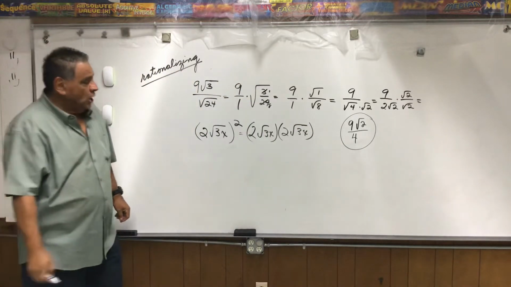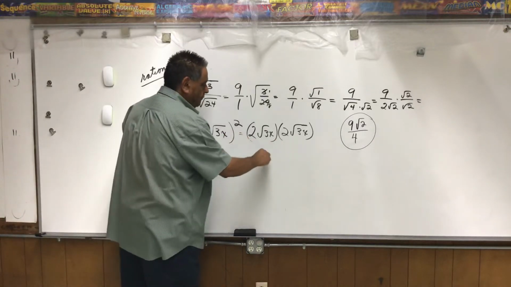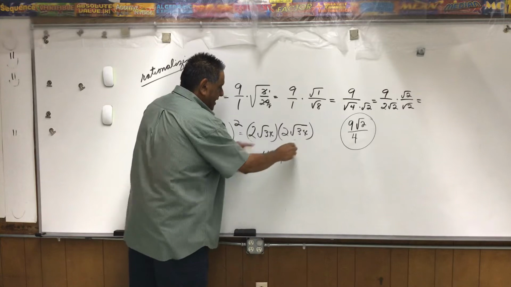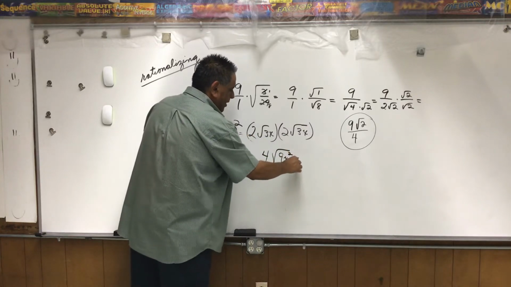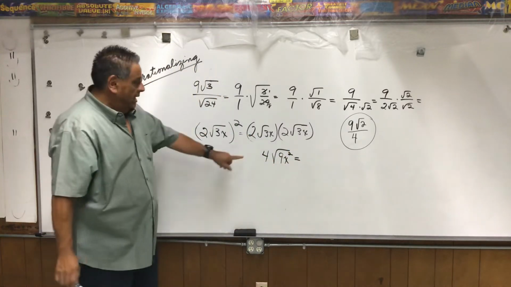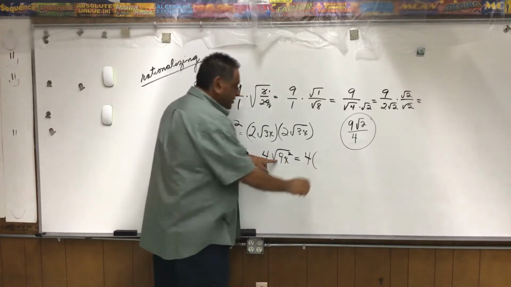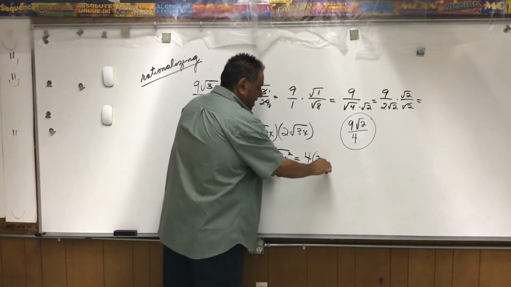Okay? So 2 times 2, 4. Times radical, 3 times 3, 9. X times x, x squared. All right, so we're going to get 4 times square root of 9 is 3. Square root of x squared is x.